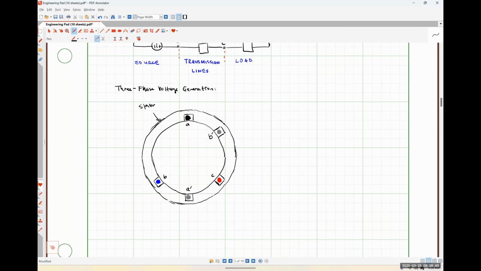And then 180 degrees away from that, I'm going to have my return path for C, which is going to be indicated by C prime.